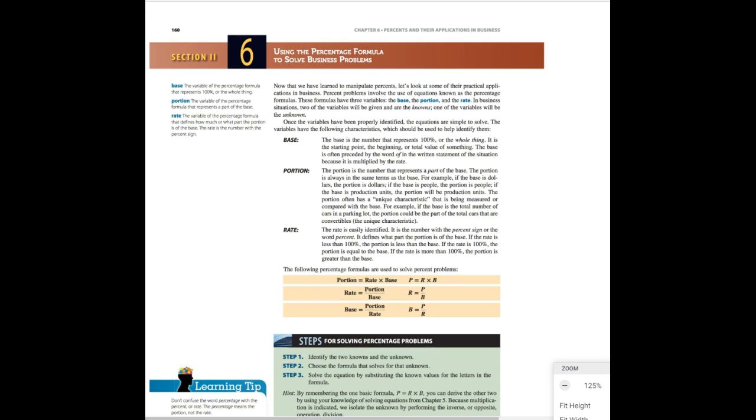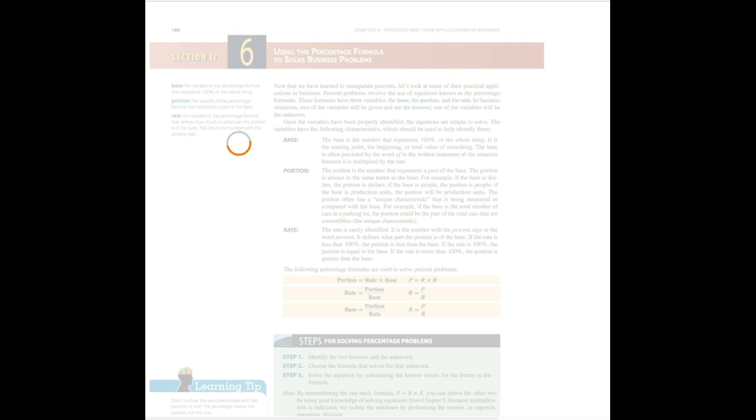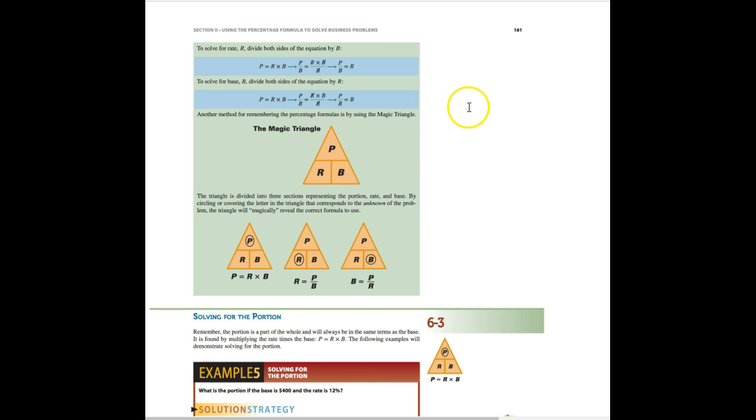So you can see here they've listed out on page 160 the different equations, but actually if you go to the next page, page 161 is the magic triangle, and this is such a great way to remember how to do these problems.